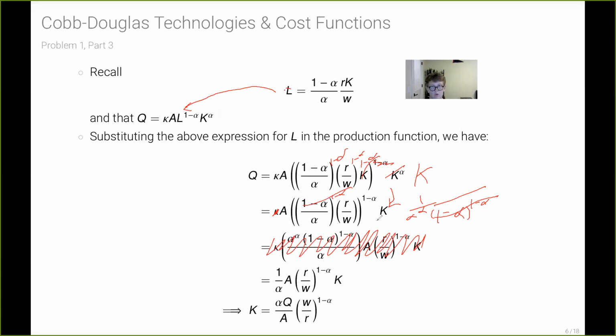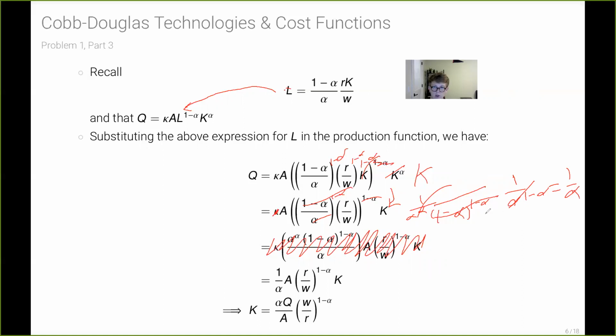And then what are we left with? Just to pull this term outside so we can look at it a little bit more cleanly, we have 1 over alpha times 1 over alpha to the 1 minus alpha. And so these alphas are going to add up and cancel out. And so what we'll get is that this is all equal to 1 over alpha.